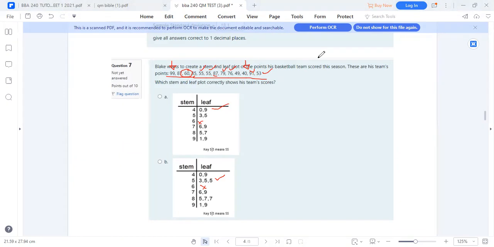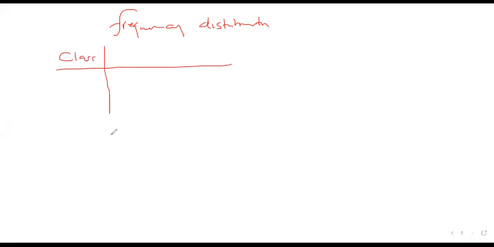Then that takes us to another important polygon, which is called frequency distribution table. Frequency distribution table has its own important format. We have class, we have the frequency there, and we have the cumulative frequency.